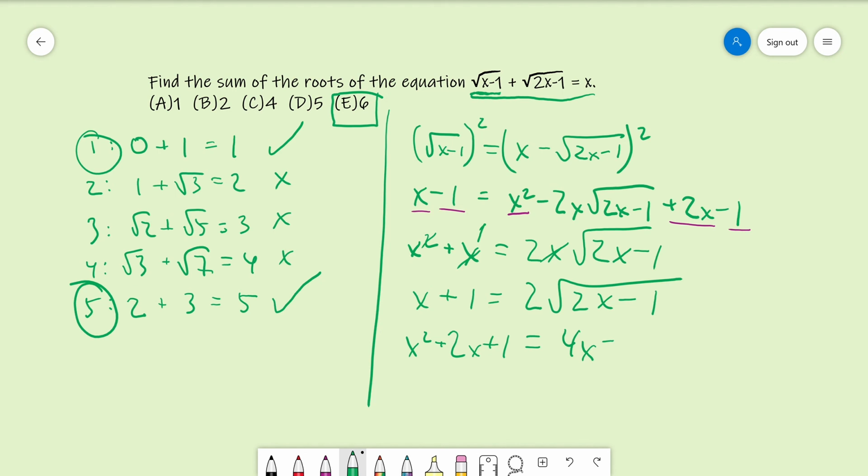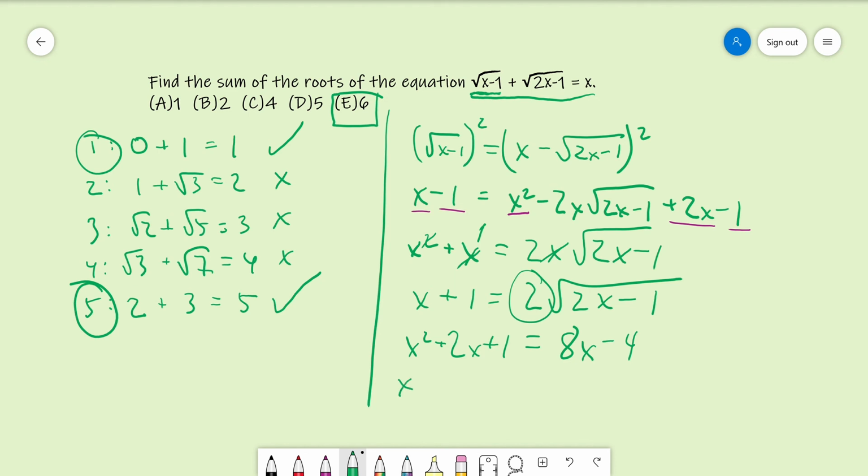Oh sorry, this gets squared, so it's going to be 4 times 2 is actually 8x. Let me write that again. 8x minus 4.